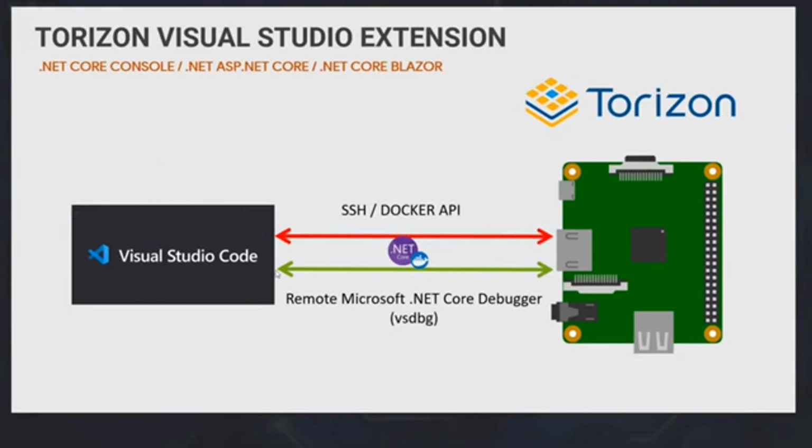Using your development PC and Visual Studio Code, you can connect to the device and deploy using Docker. The extension will do this automatically for you, pack the Docker image with your application, and connect to the remote debugger. Great.